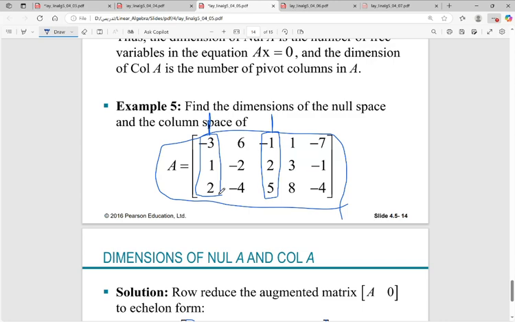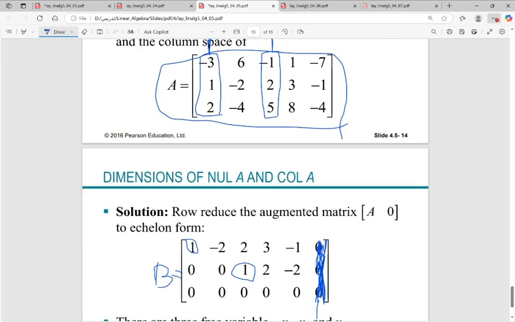Let's just know the procedure for finding a basis for the column space of a matrix. We may give you a matrix in the exam and ask you to find a basis for its column space. You should first convert this matrix into its echelon form, and then find in the echelon form what columns are pivot, column number 1 and column number 3 in this example.